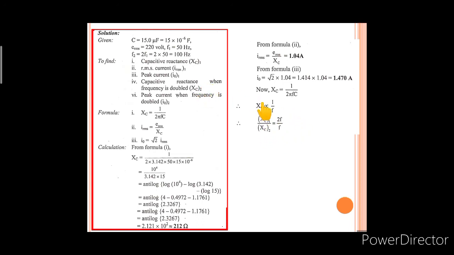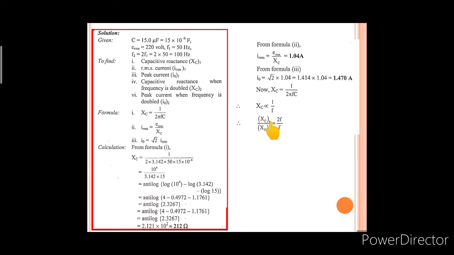As Xc is inversely proportional to the frequency, we can write Xc1 upon Xc2 as 2f upon f. For Xc1 it is 1 upon f, and for Xc2 it is 1 upon 2f, as they are inversely proportional to each other.